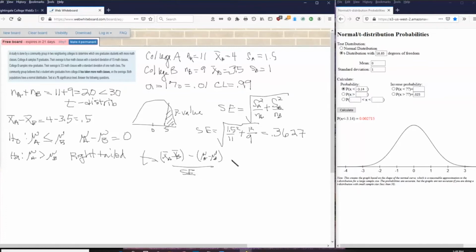So that's going to give me 0.5 minus 0 divided by 0.3627, with a final answer of 1.38.